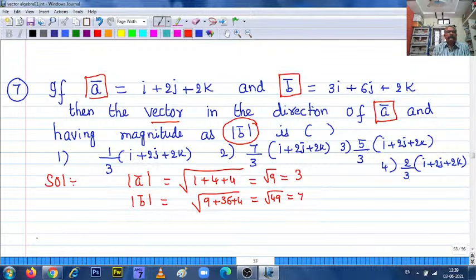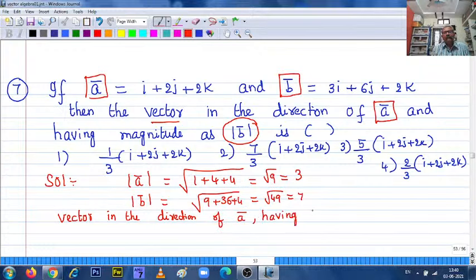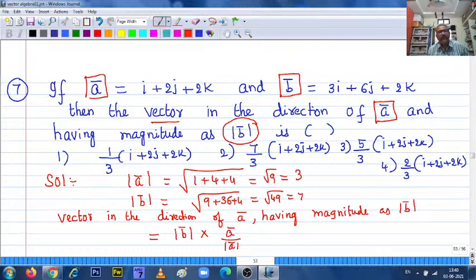But the vector in the direction of A bar having magnitude, modulus, that means magnitude as mod B bar, equal to mod B times A bar by mod A bar, the unit vector along A bar, that should be written.